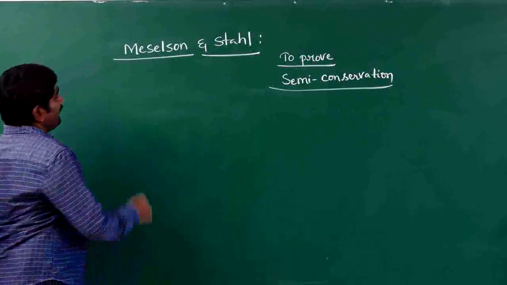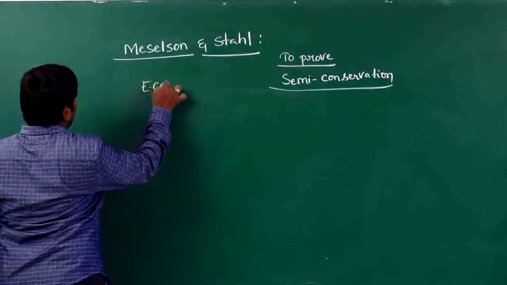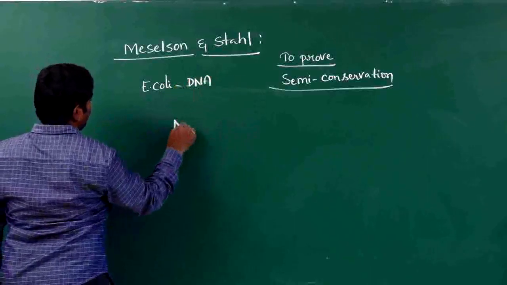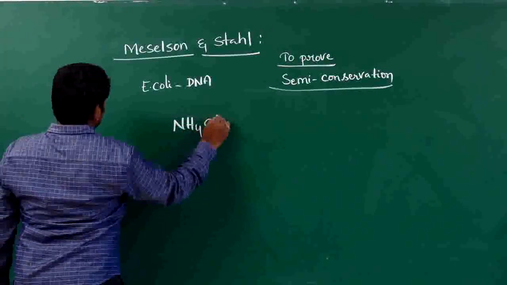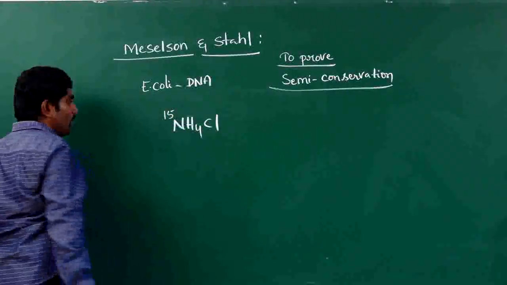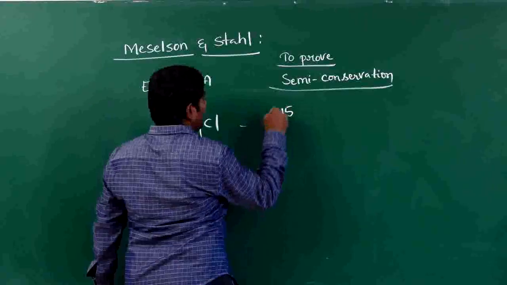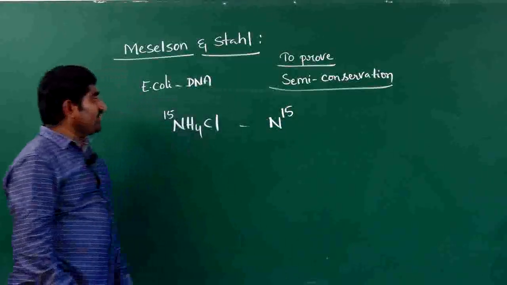They did this experiment with E. coli. They grew E. coli in NH4Cl, ammonium chloride, medium. In this medium, the only source of nitrogen is the N15 heavy isotope.